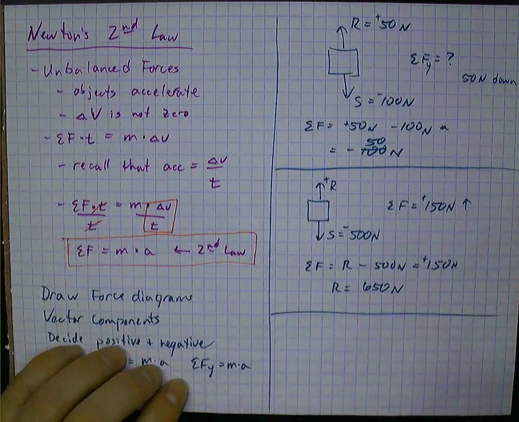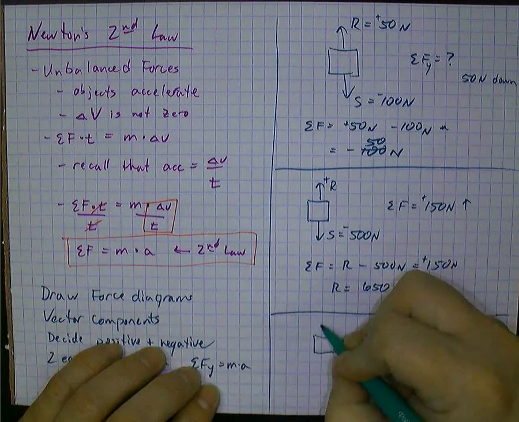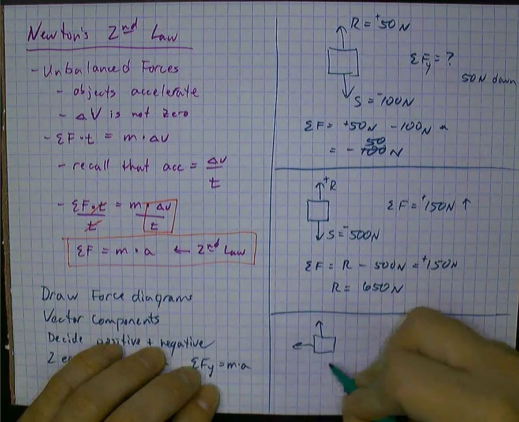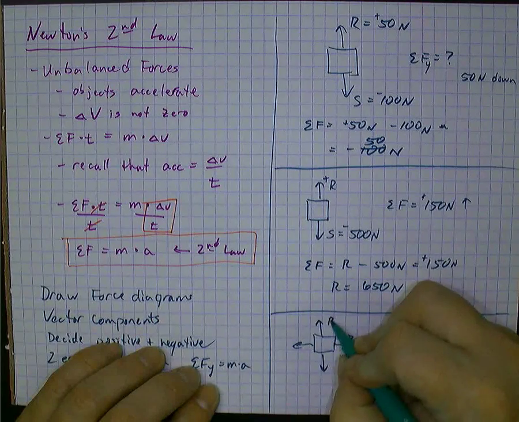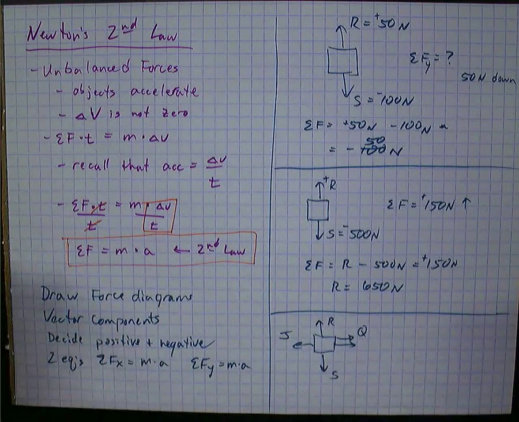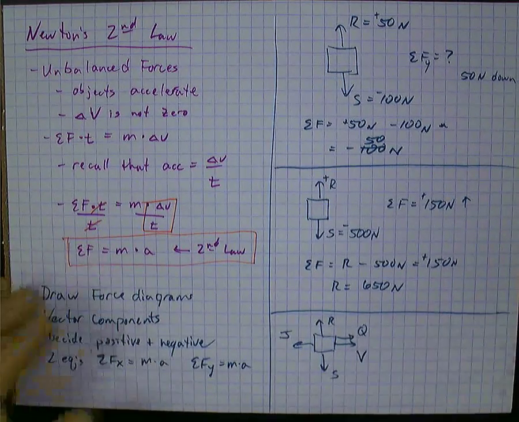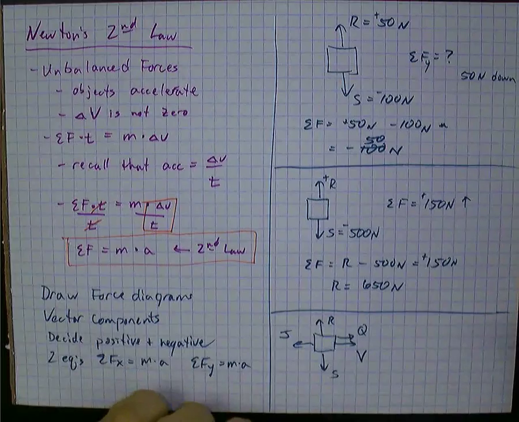Well, what if we have forces acting in several directions? I've run out of letters, so let's call this one V. So we've got all these different forces acting on this object.